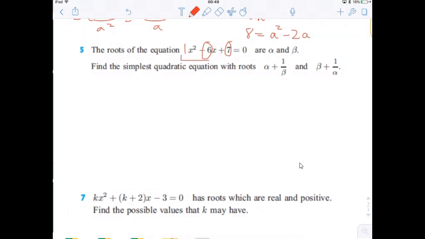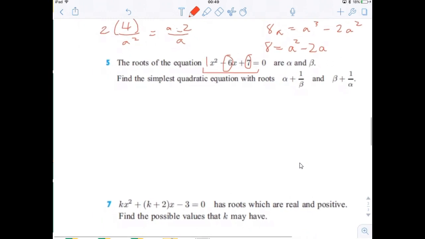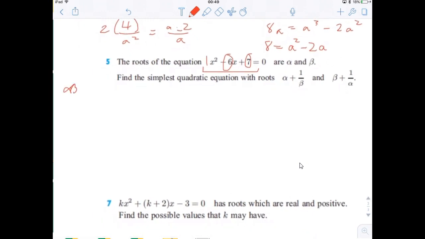One is you look at this and you're like, okay, I can do this similar to what I did before. Since I know what a, b, and c are, I can figure out that alpha times beta is actually equal to c, which is 7, divided by a, which is 1. So basically it's equal to 7, right?